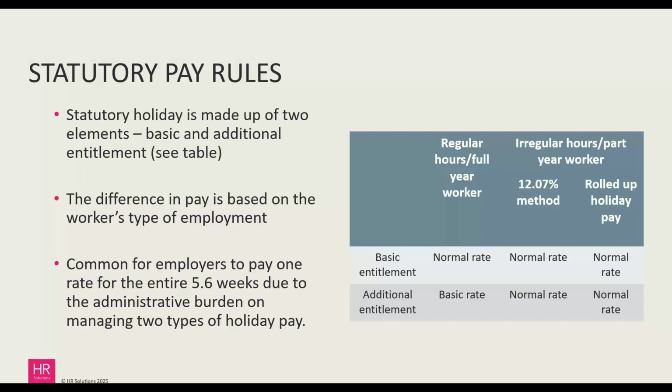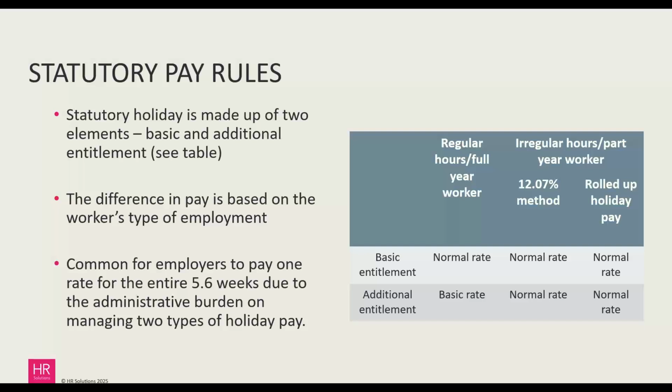When you look to the right side of this table, irregular hours workers and part year workers get paid the normal rate for the whole of their 5.6 weeks entitlement. There's no distinguishing between 4 weeks and 1.6. It's all paid at the normal rate. Again, I don't have answers as to why that is.